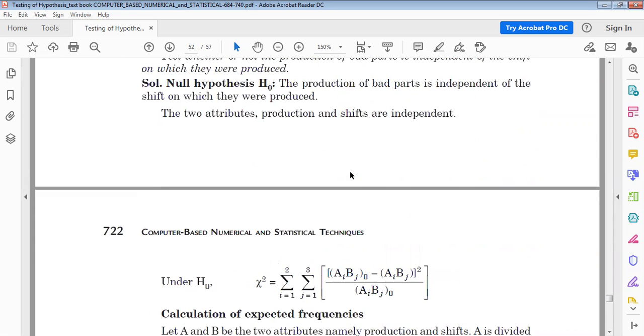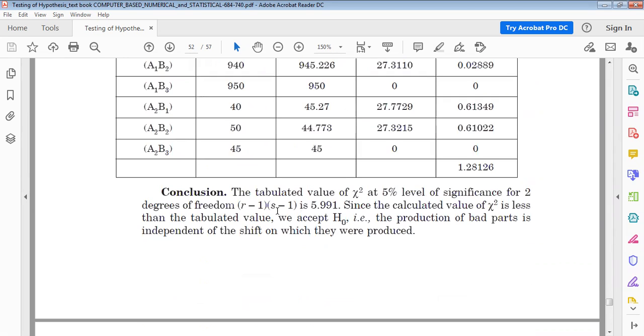So the degrees of freedom is number of rows minus 1, 3 minus 1 equals 2, multiplied by 2 minus 1, that means 1. So degrees of freedom will be 2. Remember it, very important for you. Without this, you cannot get the table value 5.991.